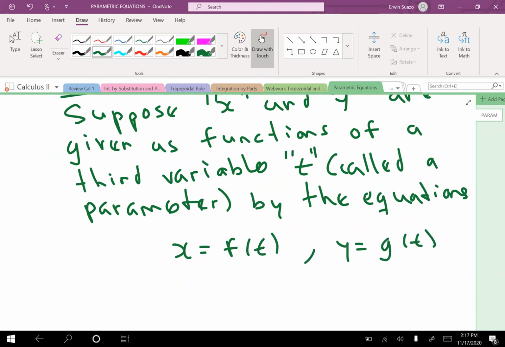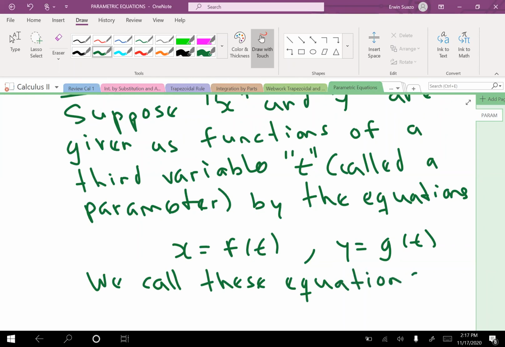It's our job to find these functions. In the case of the circle, f was cosine, g was sine. We call these equations parametric equations.